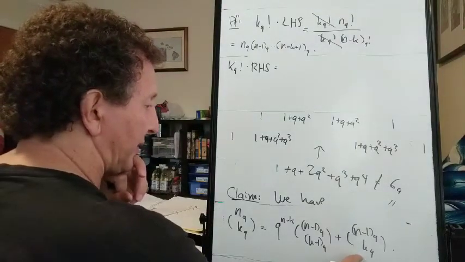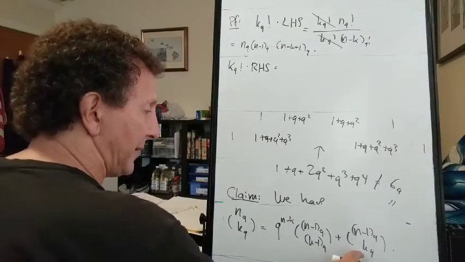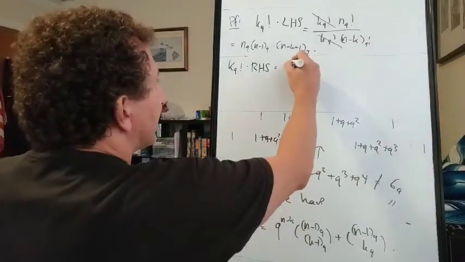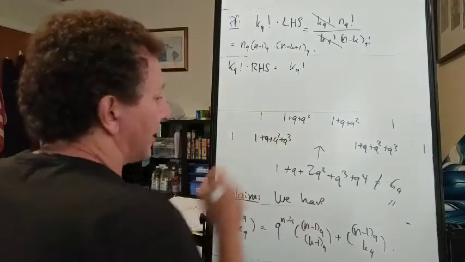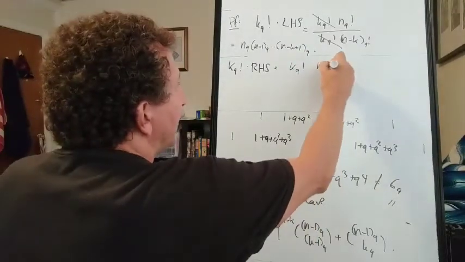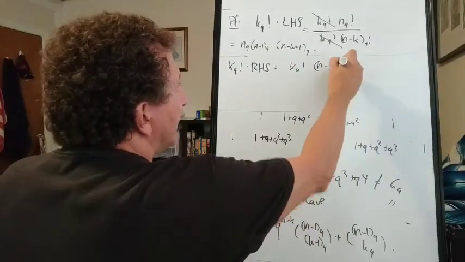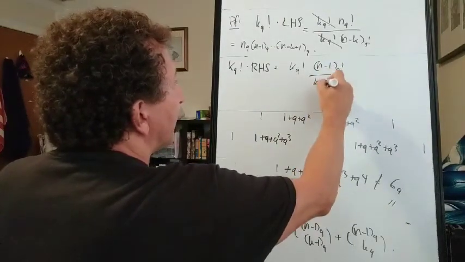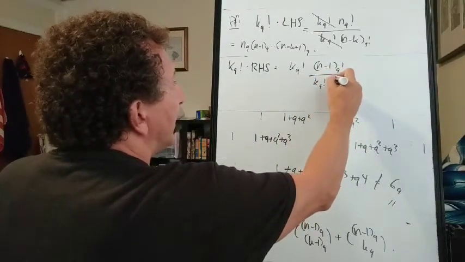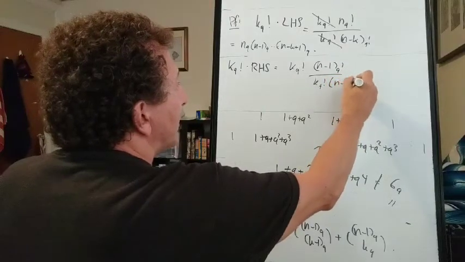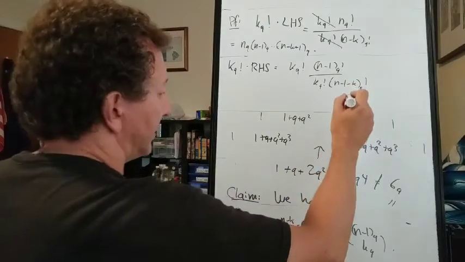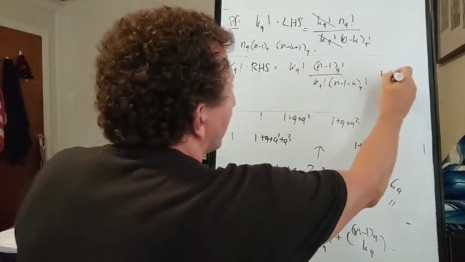So this factor, this sum, is going to be sort of easy to analyze. So that's quantum k factorial times quantum n minus 1 factorial over quantum k factorial quantum n minus 1 minus k factorial, plus something.